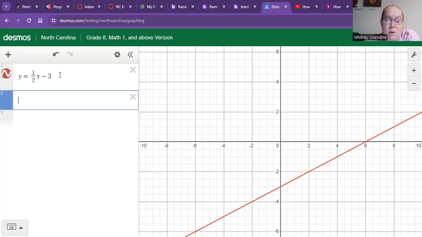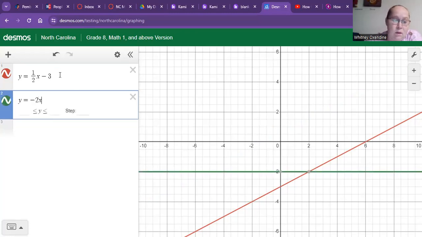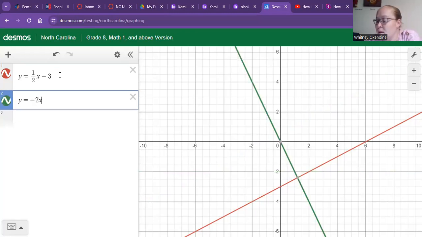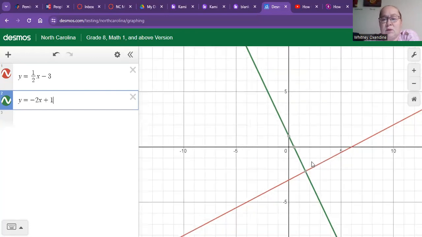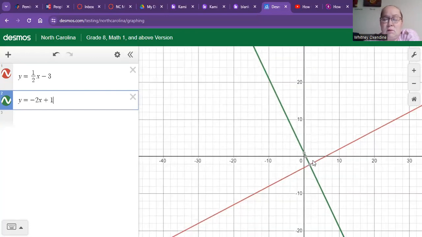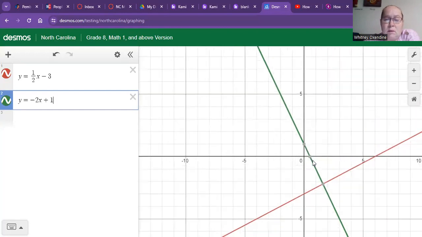They want a line that is perpendicular to the equation that they currently have. They can type in the information that they got and see that this too forms a 90-degree angle here with the line that they initially started with, to help them determine that these lines in fact are perpendicular.